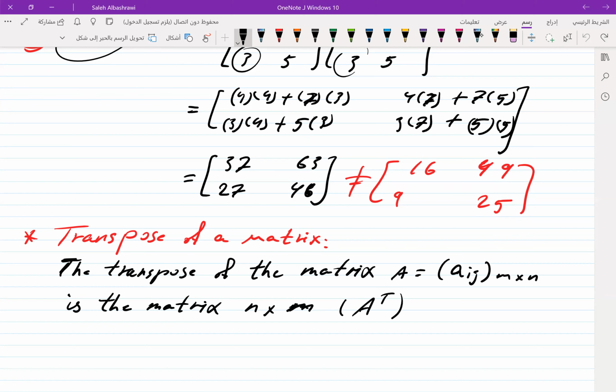In some textbooks it is given as A dash. But we are going to use A T or power of T. This means transpose.